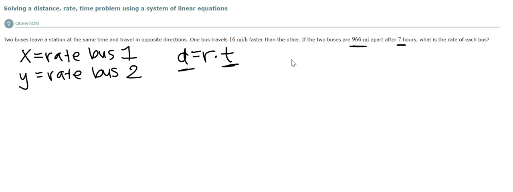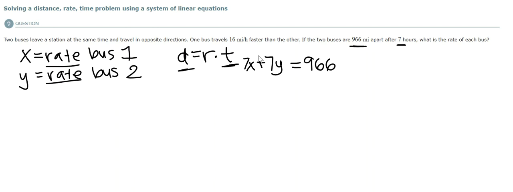So we can figure out that the 966 is going to be equal to the rate times the time. Again, x and y stand for rate, so it would be 7x, with 7 representing the time and x representing the rate, plus 7y, the rate of the second bus.